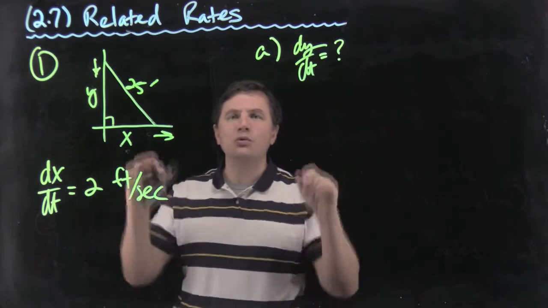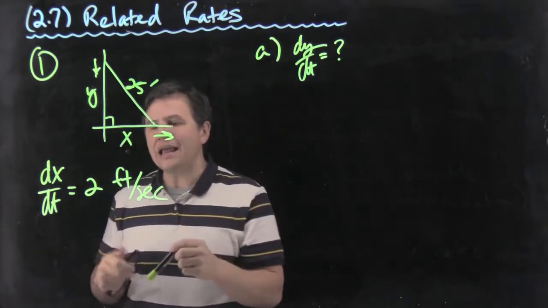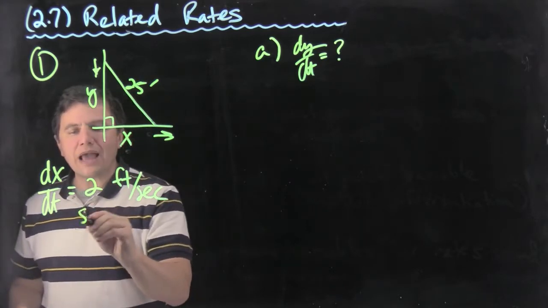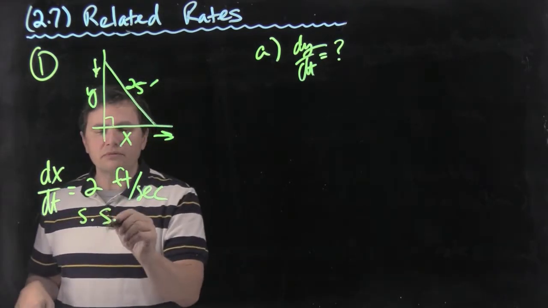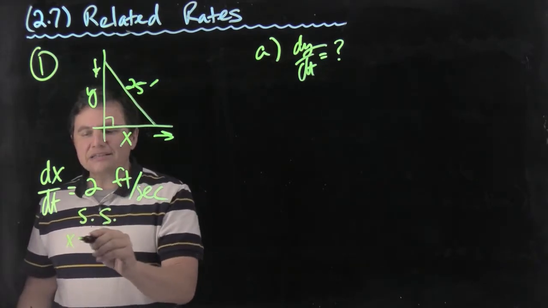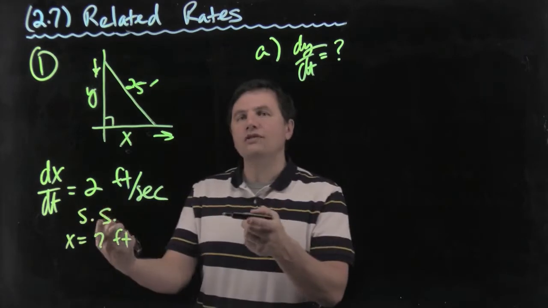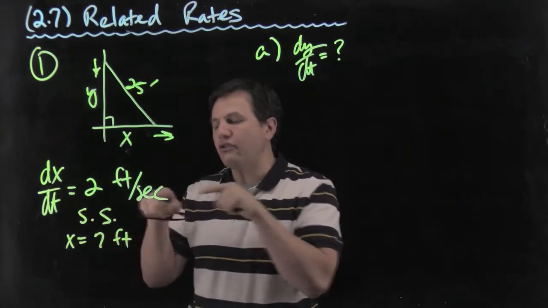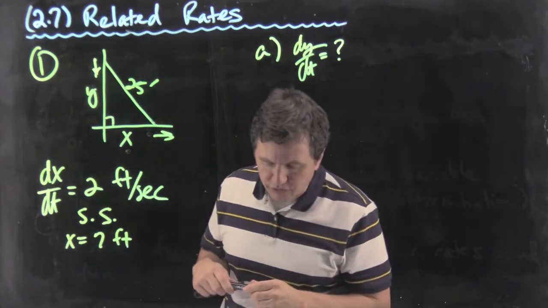But we're interested when, and that's a key phrase with these snapshots, when x is equal to 7. So the way I section this off is I put, for snapshot, x equals 7, and that's feet. It's very important that we do our calculus first, then plug that in. Otherwise, we'll lose quantities that are important to us.